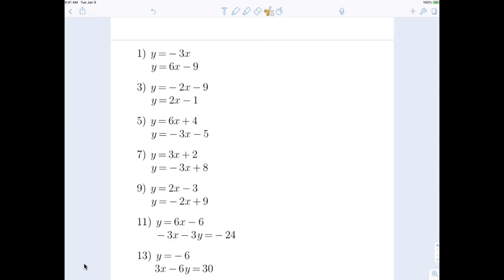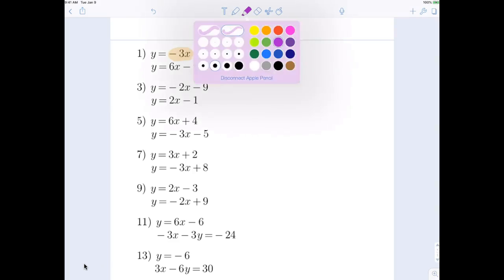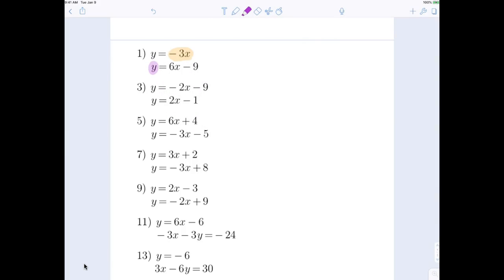Now, please look up at question number 1 for a second. What does y equal in the first equation? y equals -3x. That means wherever I see a y, I can replace it with -3x.